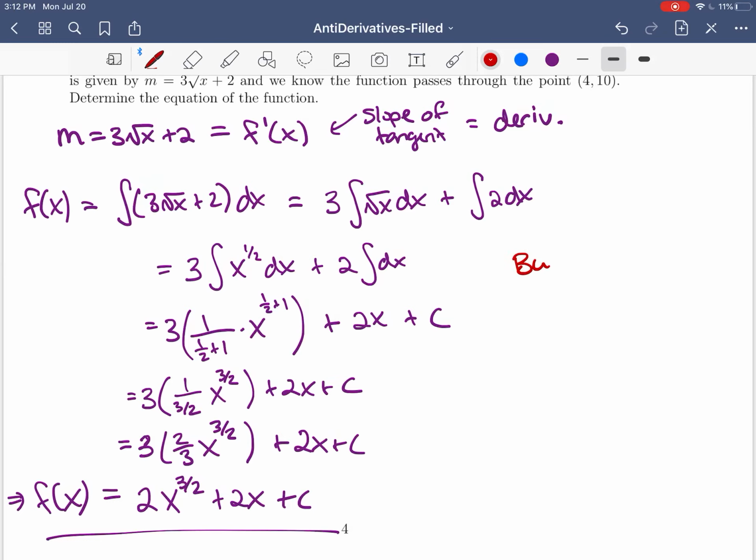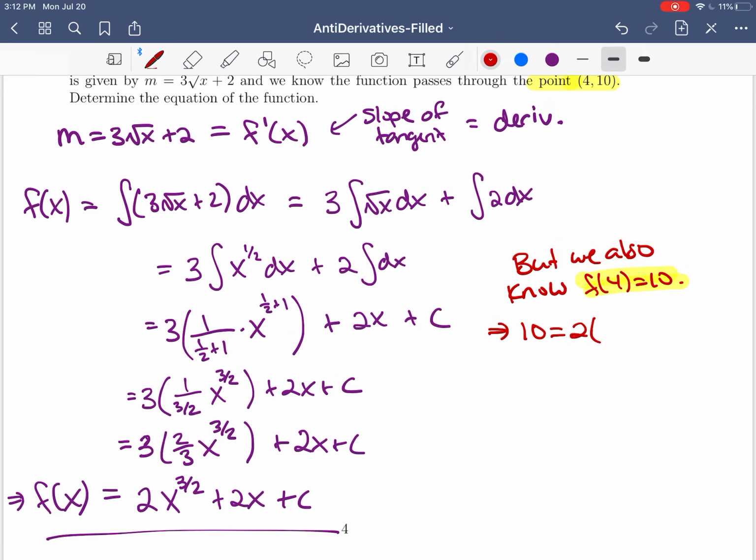But we also know that f of 4 is equal to 10. This part is from this point being on the curve. So what that means is if I plug in 4, I should get 10.